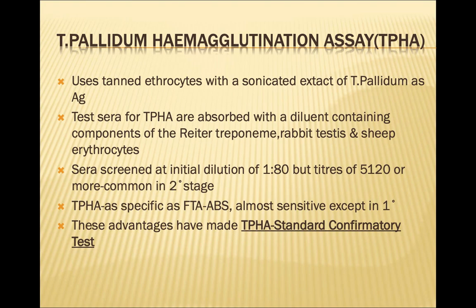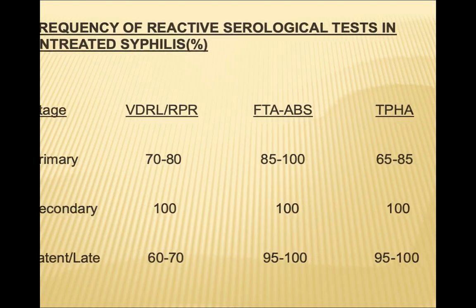The sera are screened at initial dilutions of 1 in 80, with titers of 5,120 or more, which is usually common in the secondary phase of the disease. The TPHA is as specific as FTA-ABS, with almost equal sensitivity except in the primary stages. These advantages have made TPHA a standard confirmatory test.